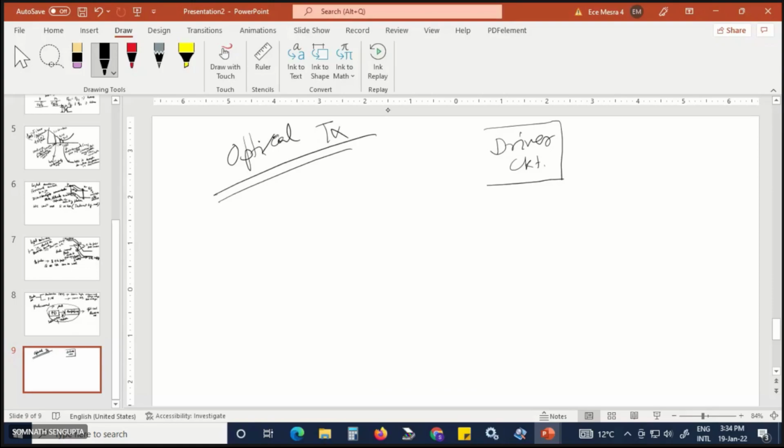The driver circuit, then light source. Light source is basically a diode. Okay, this is a simple diode, and you can use a BJT based driver circuit. What will be the circuit?